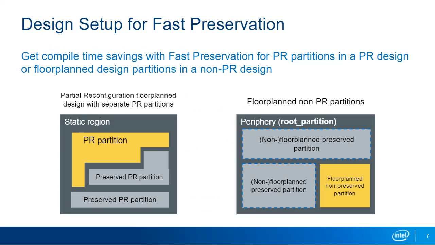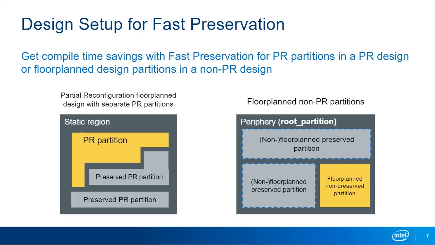In order to use fast preservation, your design must be organized in either of the ways shown here. On the left is a PR design. The static region is created and compiled in the base PR revision, and one or more floor-planned PR partitions are compiled in a number of implementation revisions, depending on the number of personas desired for each PR partition.